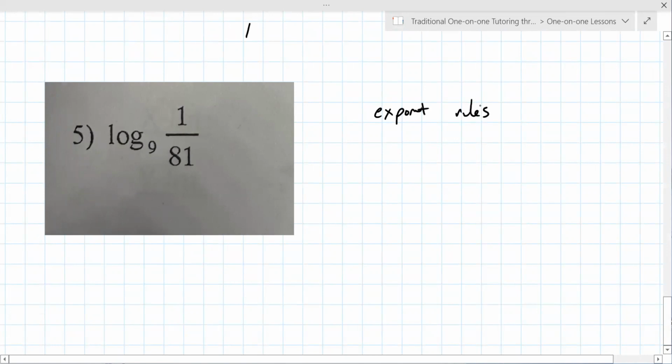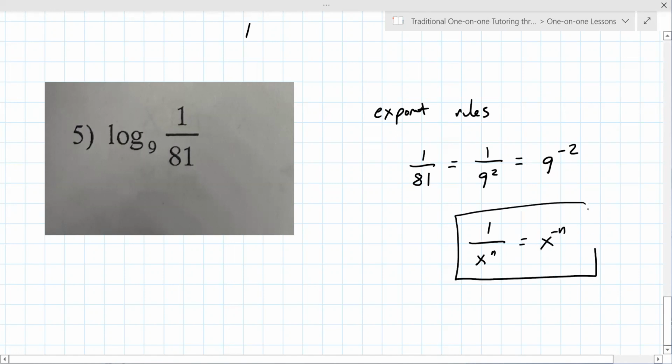For example, 1 over 81, you can rewrite as 1 over 9 squared. Is that clear? Yeah. Now this also equals 9 to the power of negative 2. And this is an exponent rule: 1 over x to the n equals x to the minus n. The rule is essentially that if you bring the exponent up, it becomes negative.